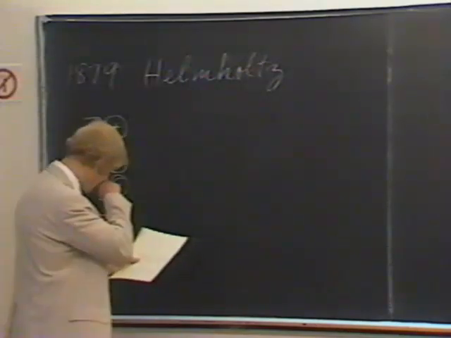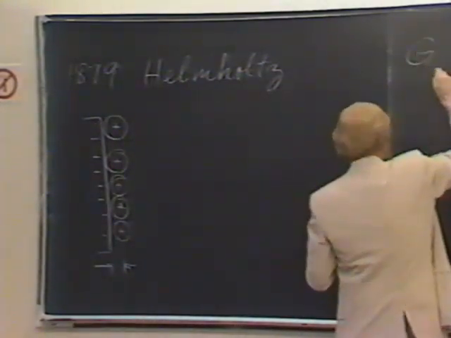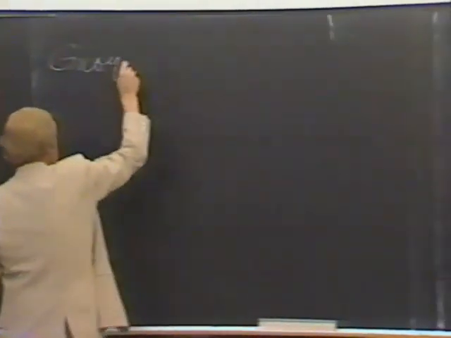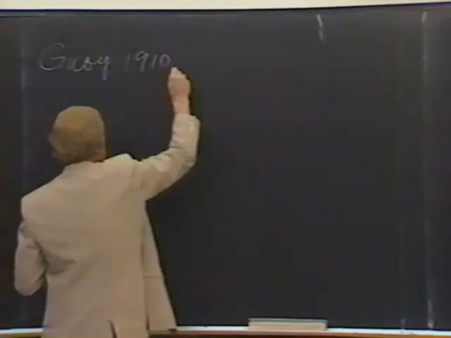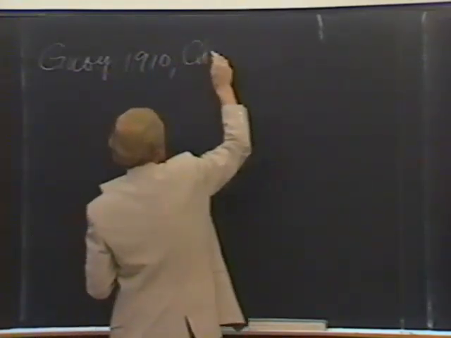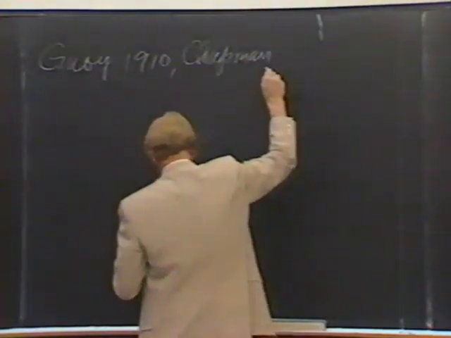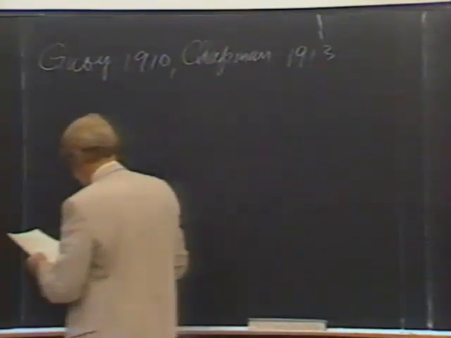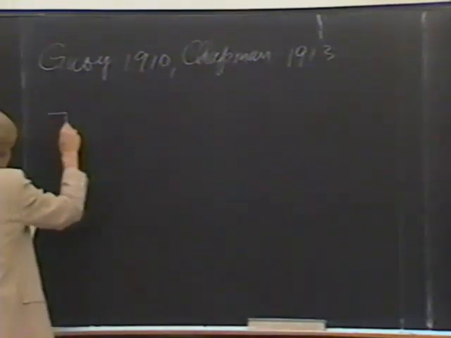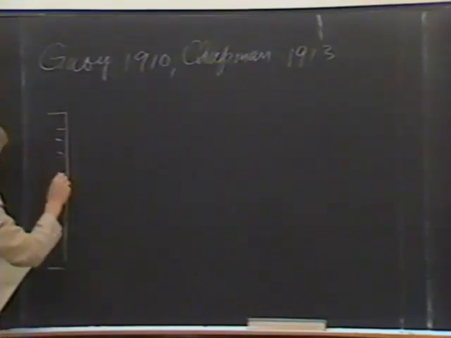Then Gouy in 1910, and Chapman in 1913, independently, described the distribution as a diffuse layer, as I described to you.